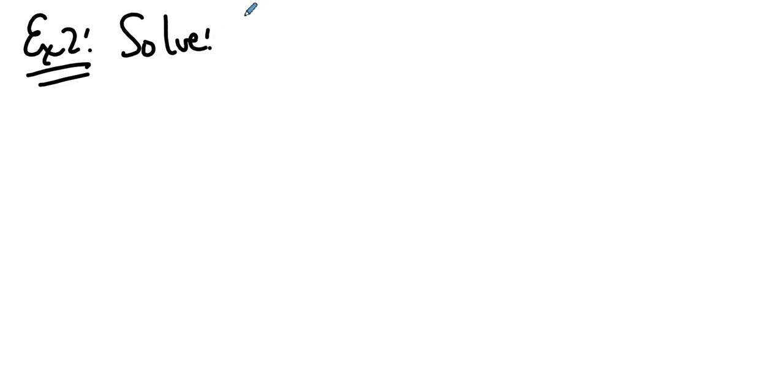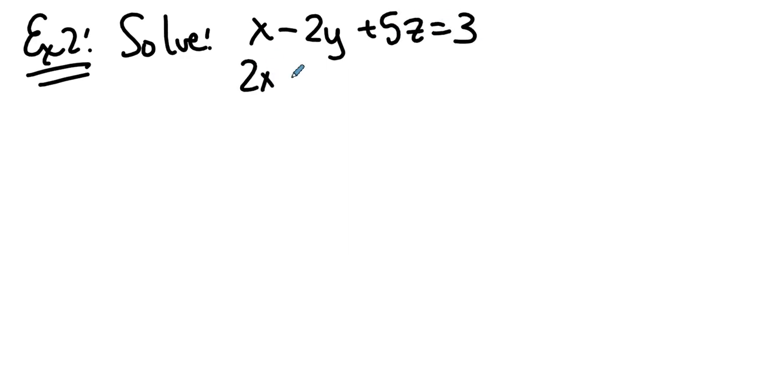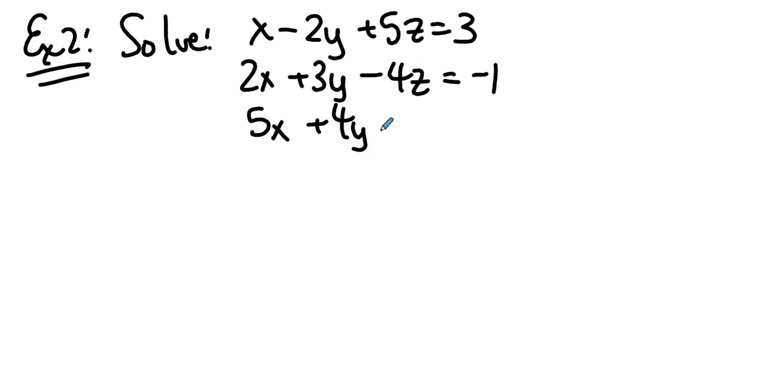Take a moment, hit the pause button when this comes up on the screen. Let's take a look at x minus 2y plus 5z is 3, 2x plus 3y minus 4z is -1, and 5x plus 4y minus 3z is 1.